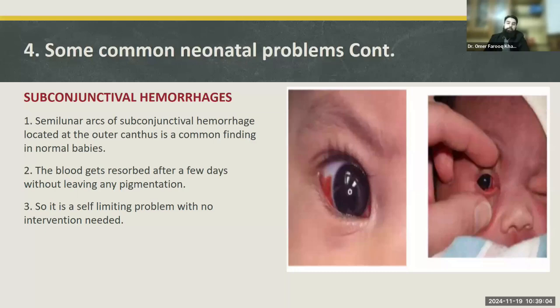Bulbar conjunctiva is the white of the eye. So some of the blood gets distributed beneath the bulbar conjunctiva, and it appears red in color as it is blood, but it gets resorbed spontaneously. You need not do anything, and you just need to reassure the parents that this is a normal phase of life.